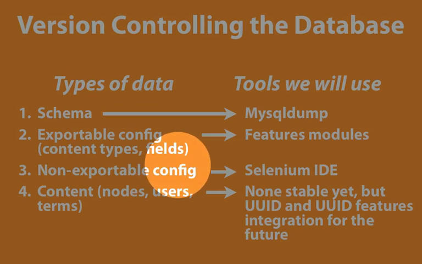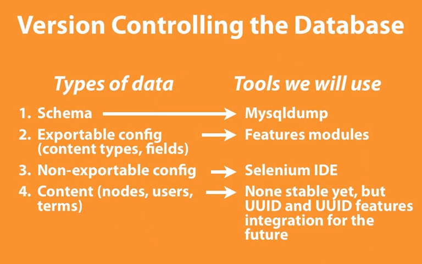For non-exportable configuration, we're going to talk about using a tool called Selenium IDE, which we've talked about in some of our other video collections, but we're going to use it in this case in order to record macros for browsing through your Drupal site and copying those into code so that other people can replay those macros on their own development site or on a production site, for example.